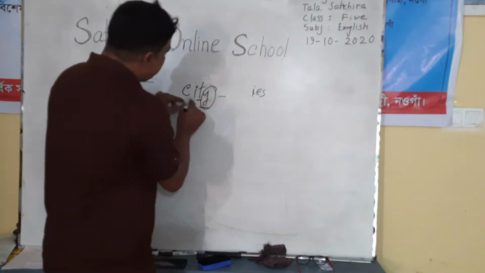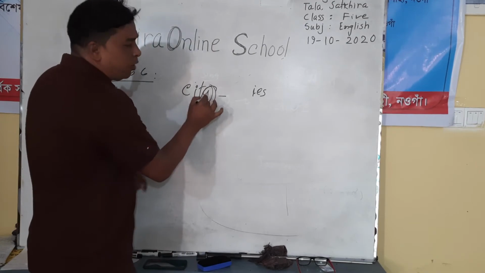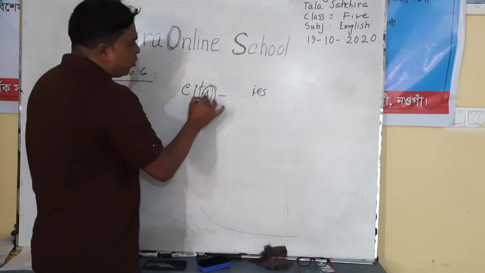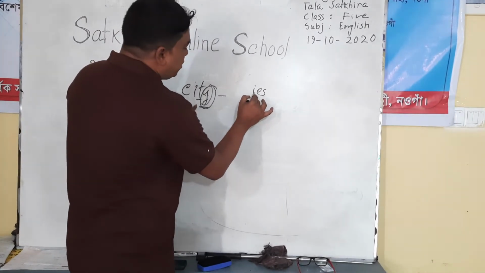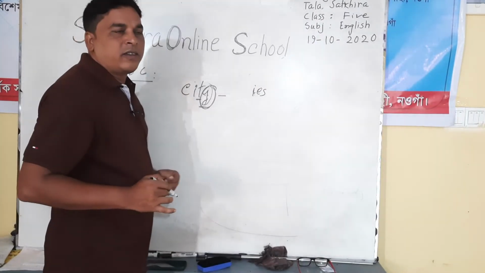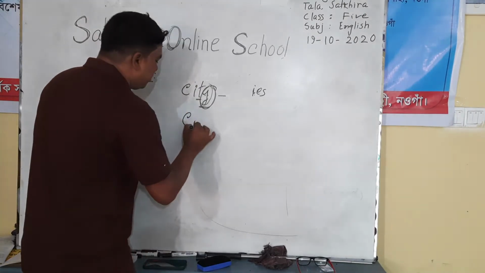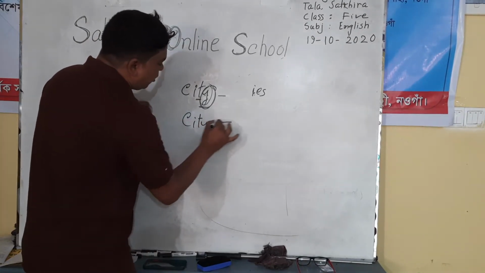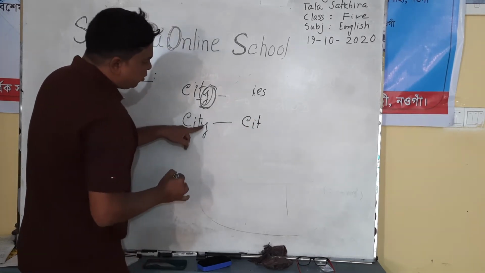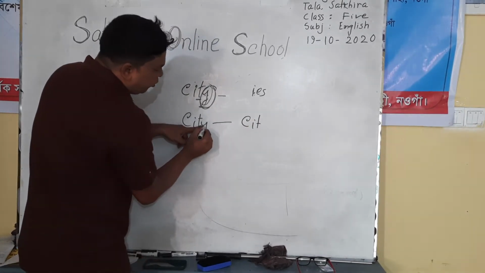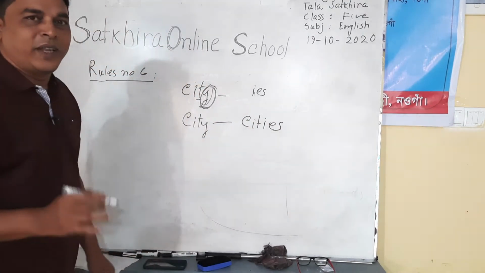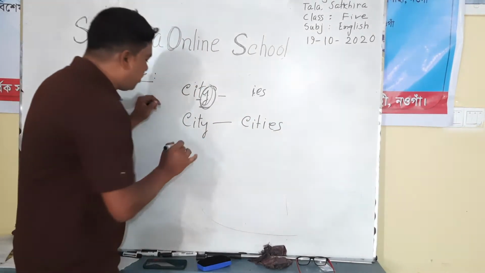Again I repeat it: if the last letter is Y and before the Y is also a consonant, we add is in lieu of Y, and it makes the plural form. Like city: here will be C-I-T, then the Y, and we use is, cities. Very clear? Okay, I think you are also clear.